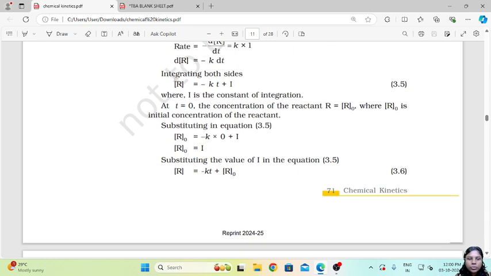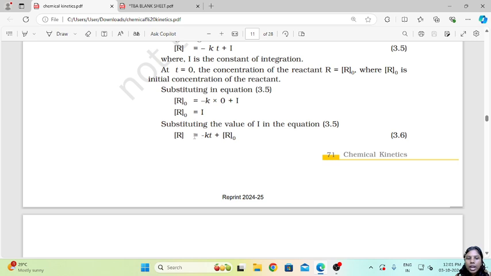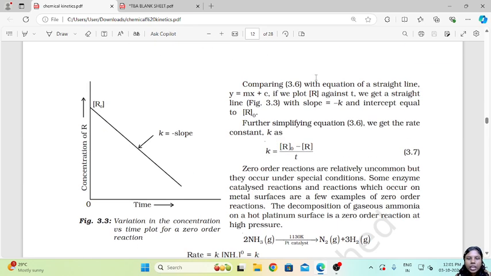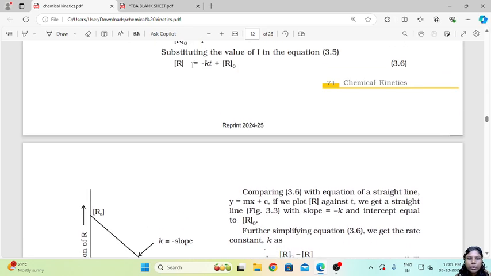If we substitute, we get R0 equals minus k times 0, as time is 0, plus I. So R0 will be equal to I. Now substituting this value of I in equation 3.5, we substitute I as R0. Now if we compare with this equation, it is in the form of y equals mx plus c.